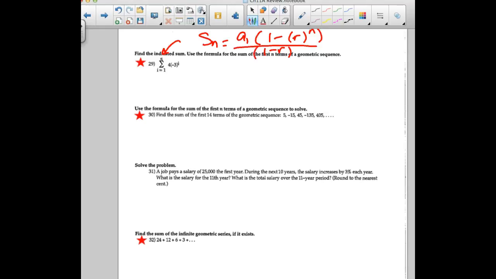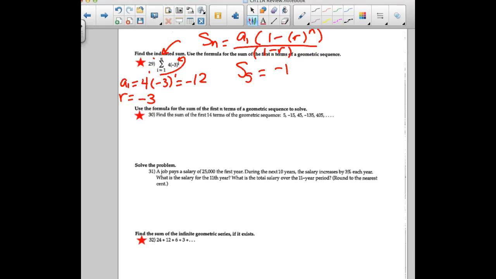All right, so what do we know? Our first term is what we get when we put a 1 in there. So 4 times -3 to the 1st power would be -12. Our r value is what we keep multiplying by each time, which is an extra -3. So our sum, going from 1 here to 5 here, we are summing 5 numbers.